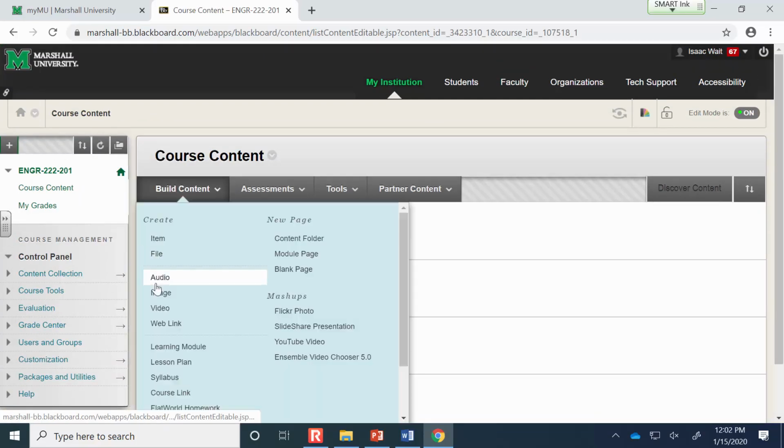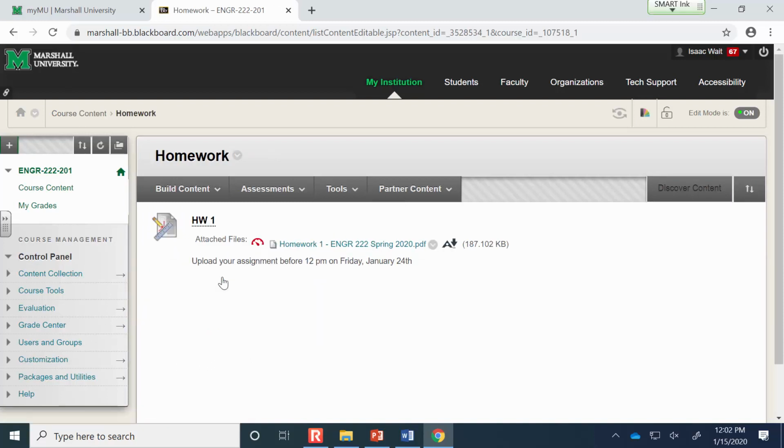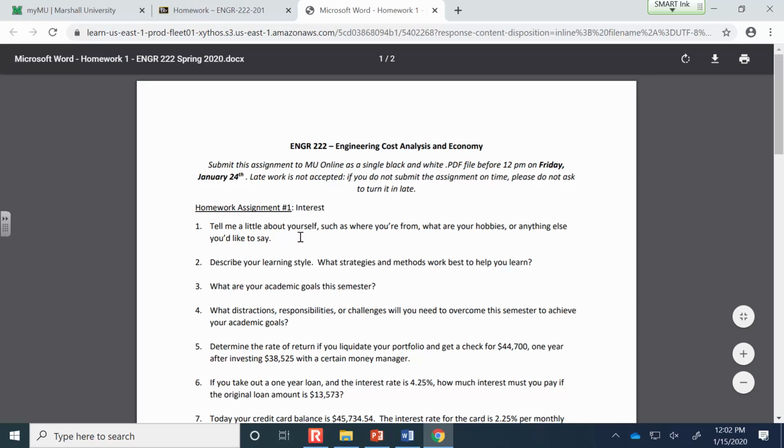The other thing I wanted to point out is that the homework assignment, remember you have to submit your assignment using Blackboard, and it's available on Blackboard. So I'm going to be giving you a lot of paper this semester, but what I won't give you is a paper copy of the homework assignments. So if you just click on the PDF, then you'll see the homework assignment.